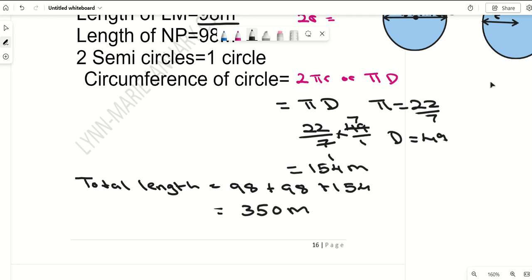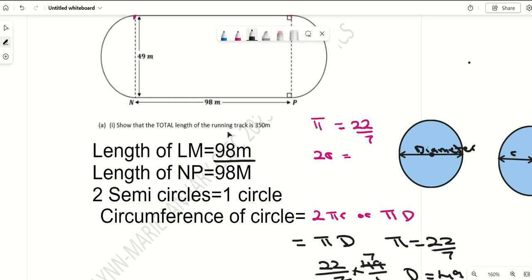And they just told you, the question says, show that the total length of the running track is 350. This is how you would do it.